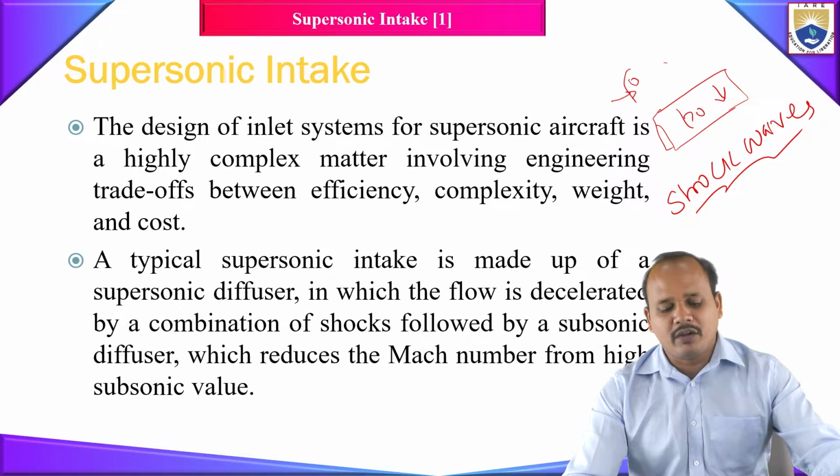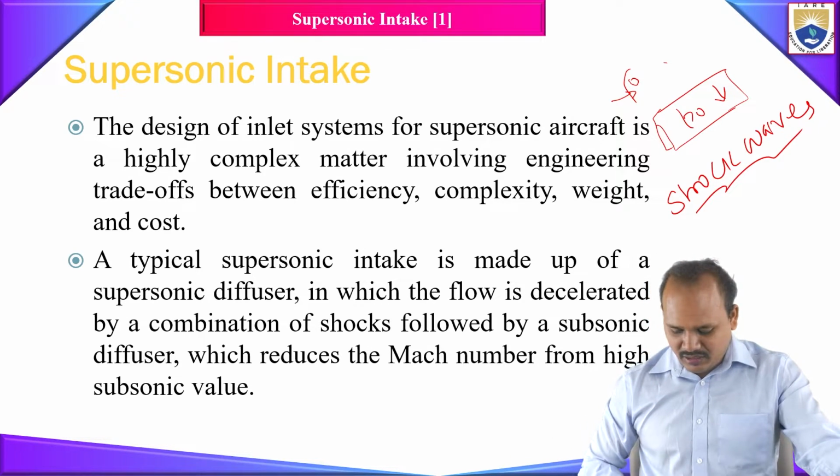Irrespective of whichever intake it is, you need to have both the oblique shock wave as well as the normal shock wave if you want to convert a high supersonic Mach number to subsonic flow. Why we need both oblique and normal shock waves, we are going to see in the next section.